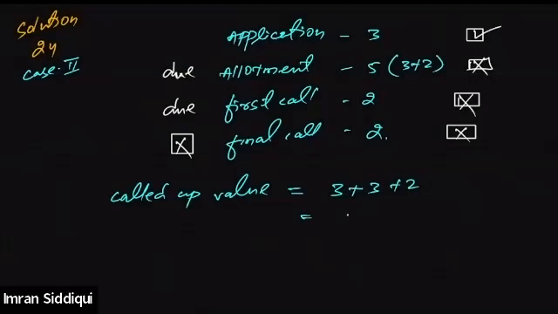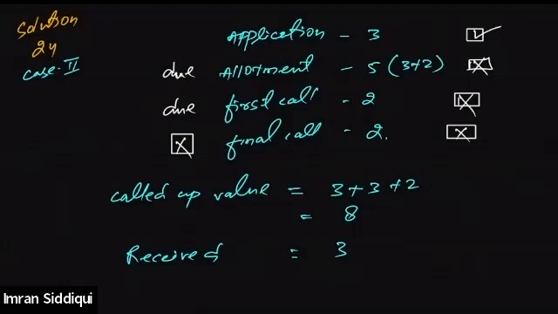So total called up capital is only 8 rupees excluding premium. Remember that. What the company has already received is only for the application, so only 3 rupees was received.